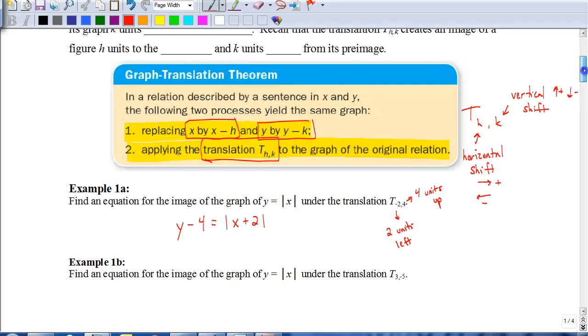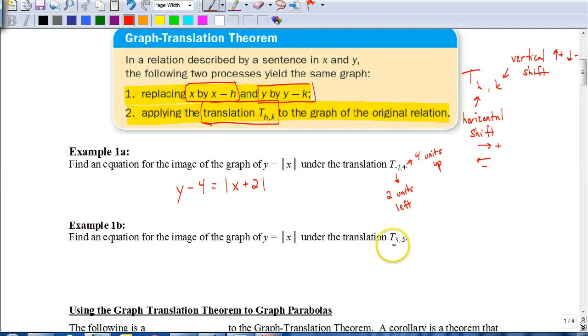Let's try another one. Here we have a translation of 3, negative 5, meaning it's going to move 3 units to the right and 5 units down. So to figure out what our new equation is going to be, it's going to be a replace again.